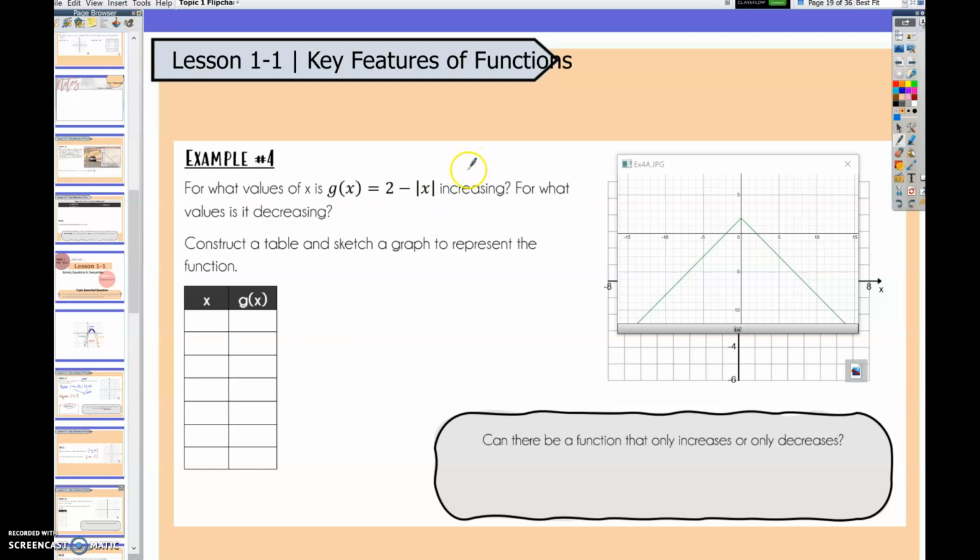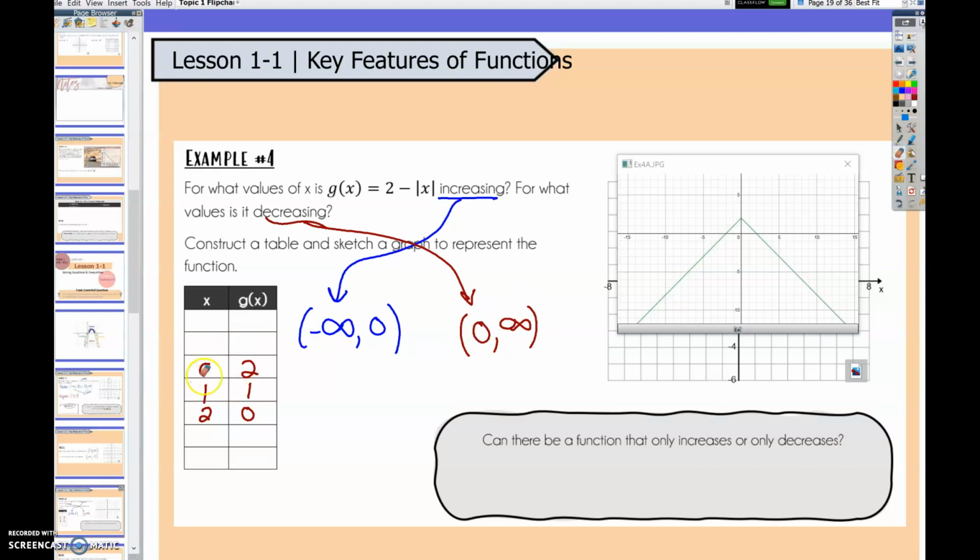It is increasing from negative infinity to 0. And again, we'll use the soft parenthesis because it's neither increasing nor decreasing at that point at the top. And then, of course, it's decreasing from 0 to infinity.